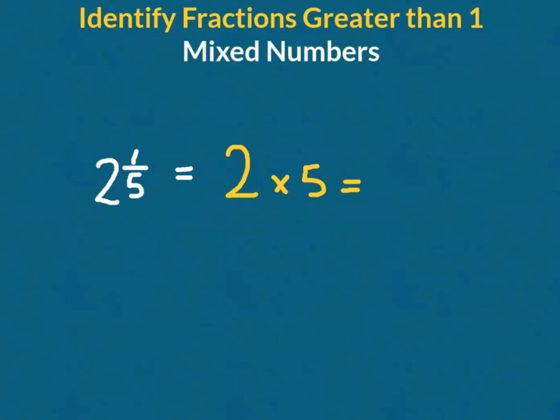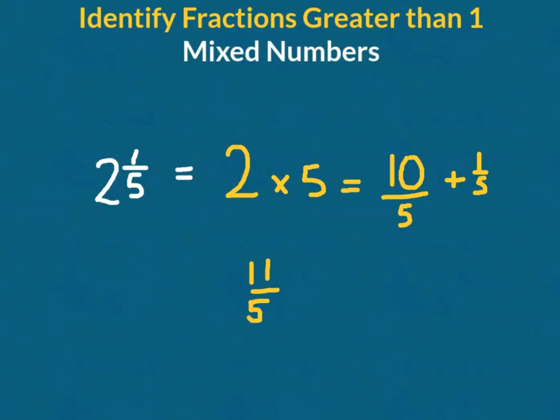So 2 multiplied by 5 is 10. That's 10 parts of 5. And then we have 1 more fifth to add on. So it's 10 parts of 5, add 1 part of 5, which is equivalent to 11 parts of 5.